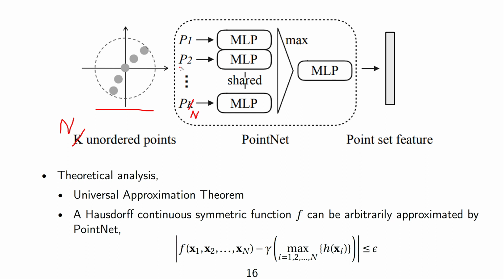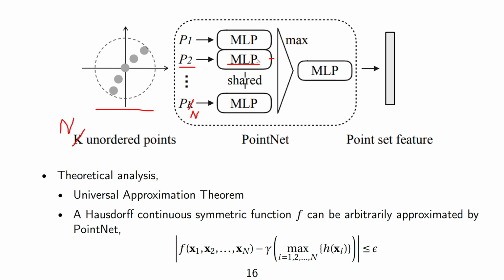Now, each of these points, for example P2, will be processed by a multilayer perceptron. Again, this multilayer perceptron only gets P2, that means 3 scalar values as input, and it outputs a vector that has 1024 dimensions. But of course this is a hyperparameter that can be changed.